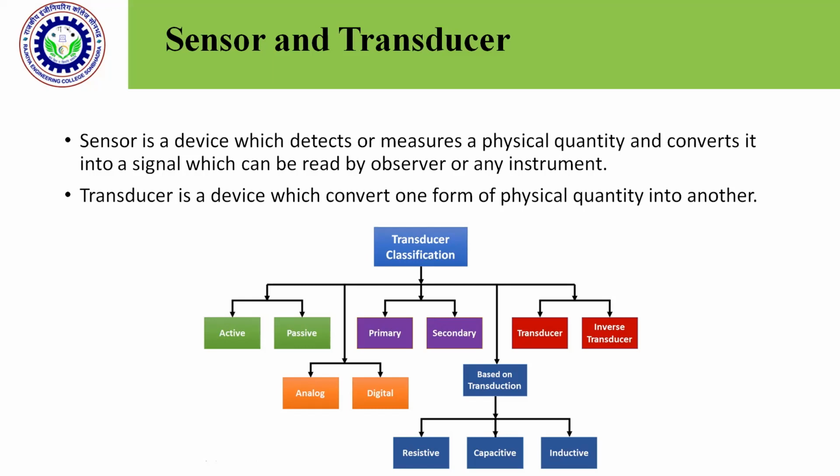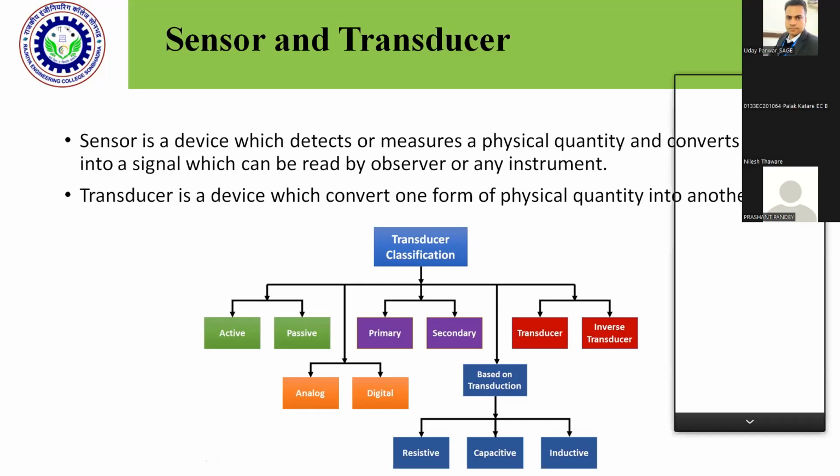Then analog and digital: the output will be analog or the output will be digital. In most sensors, the output is normally analog. We have to convert it into digital, and with the help of the output we can process the data and obtain it up to a different level.